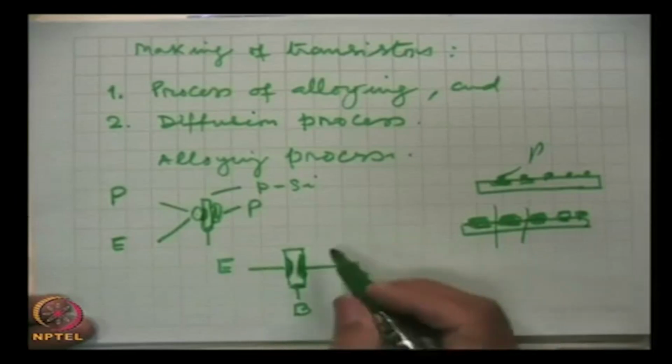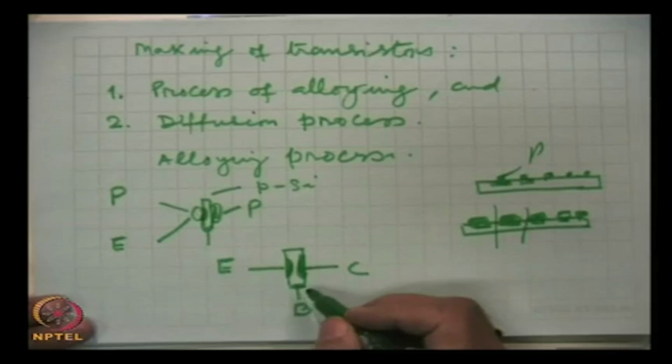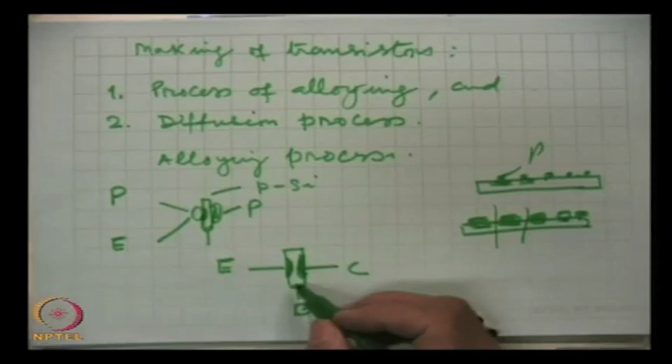As I said, these dimensions will be almost of the order of a centimeter when you see it from outside, but the actual size of the crystal will be a fraction of a millimeter, just 1 millimeter in cross section and less than a millimeter in thickness, but then it is put in a plastic or metal casing.